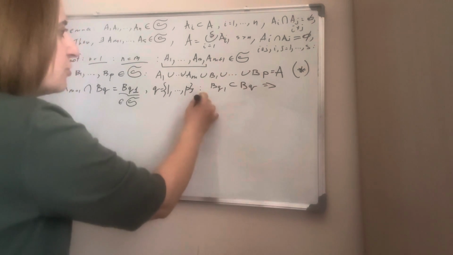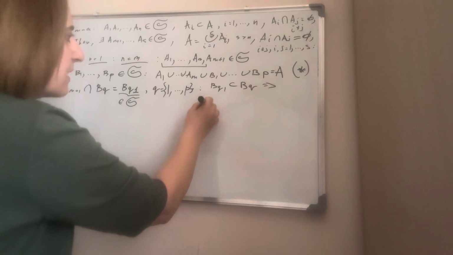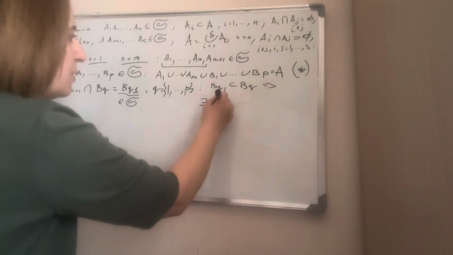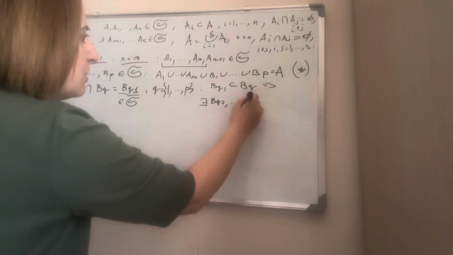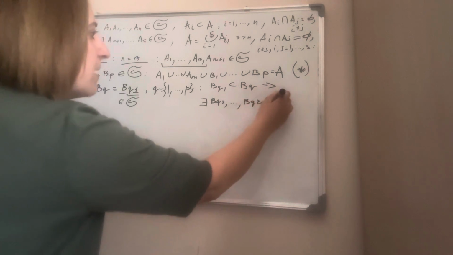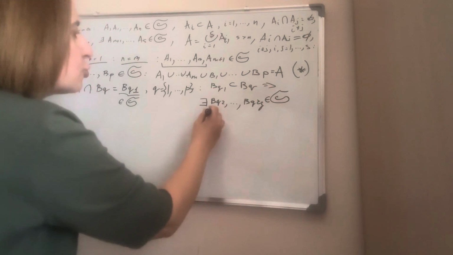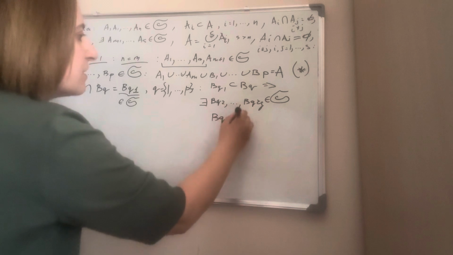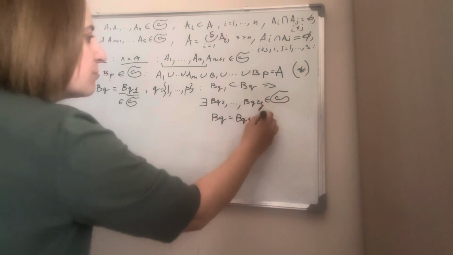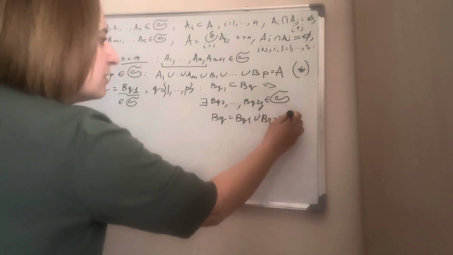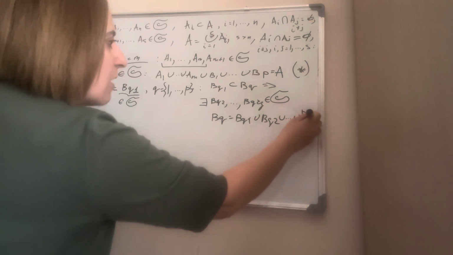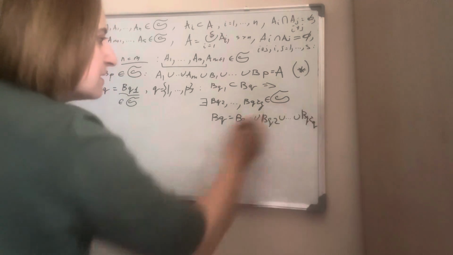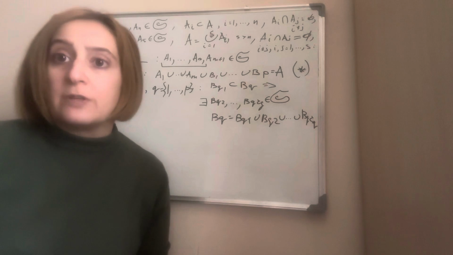Therefore, by the definition of a semiring, there exist Bq2, ..., Bqrq, all of them from the semiring sigma, so that Bq is equal to Bq1 union Bq2 union ... union Bqrq, and all of these sets are mutually disjoint.